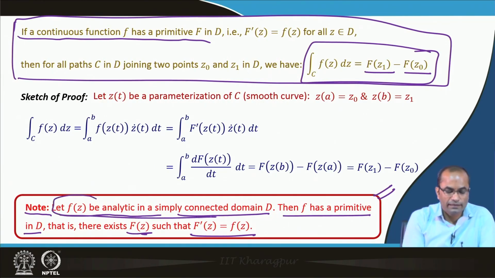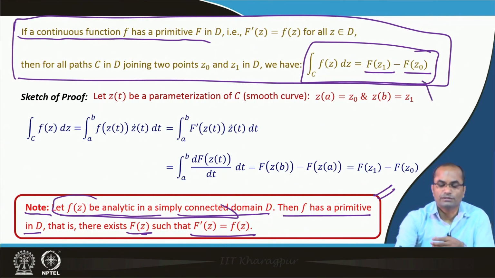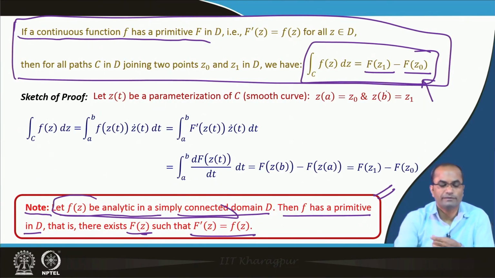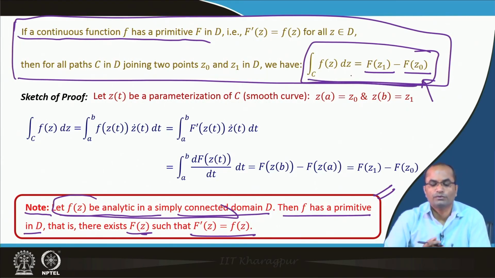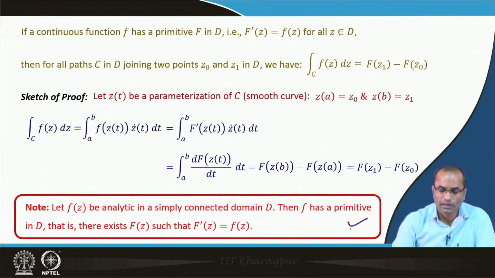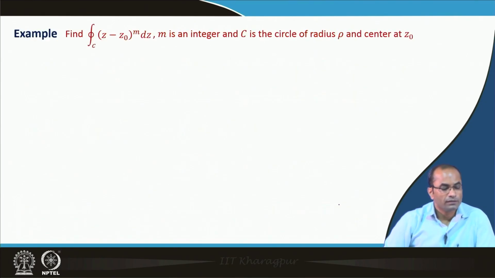Analyticity of f(z) in a domain D is enough to use the above formula, because if f(z) is analytic, it has a primitive, and if it has a primitive, we can use this direct formula for the integration. We will also utilize this now in our evaluation of line integrals.